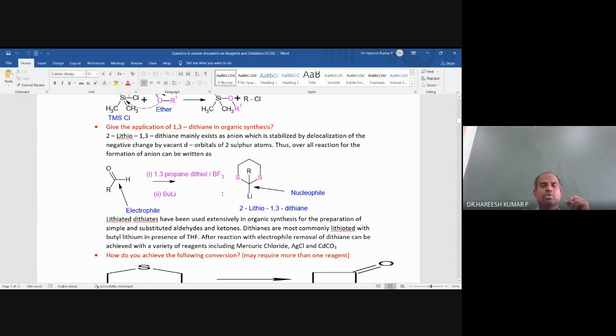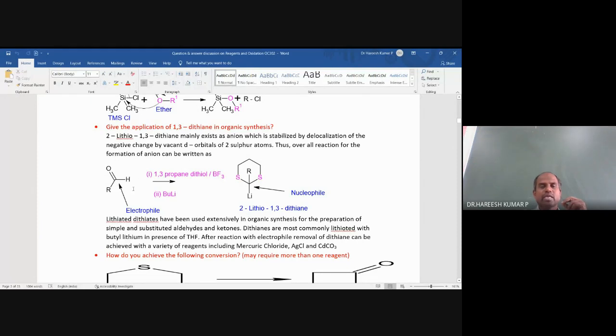This reversal of polarity of the electrophilic carbonyl carbon to a nucleophilic carbon is called umpolung. So how are we converting an electrophilic carbon to a nucleophilic carbon?